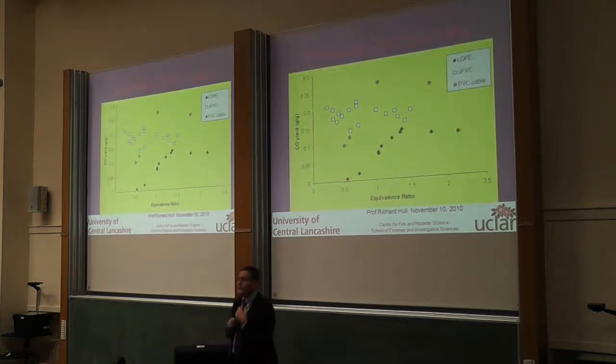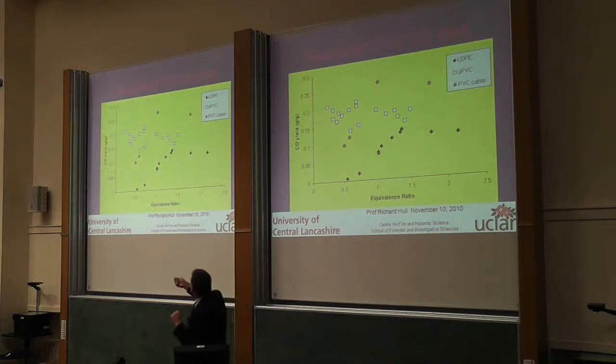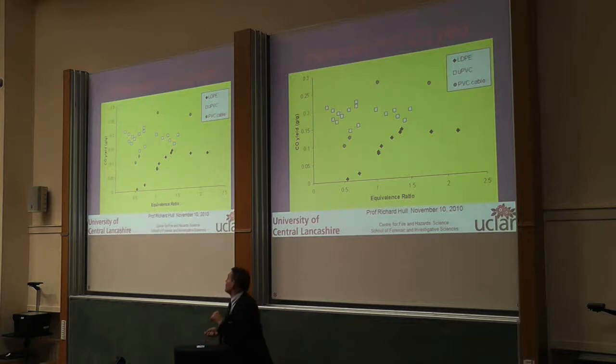Now I'm going on to look at the exceptions. Plasticized PVC: if we take ordinary PVC, you can see that despite the different equivalence ratios, we're getting consistently high yields of carbon monoxide.